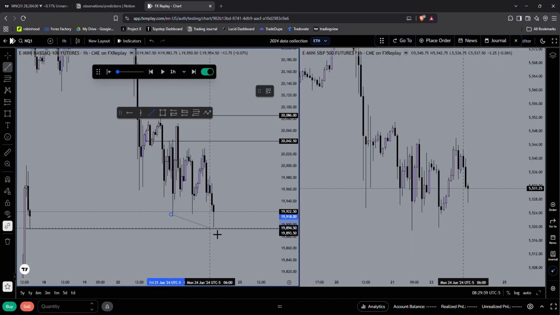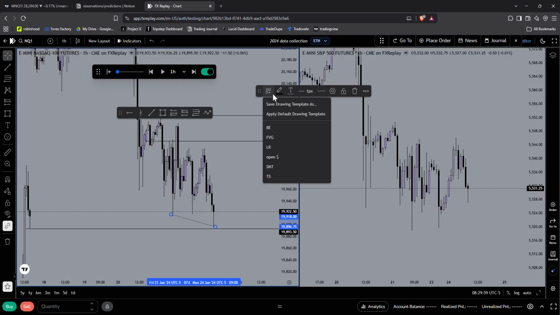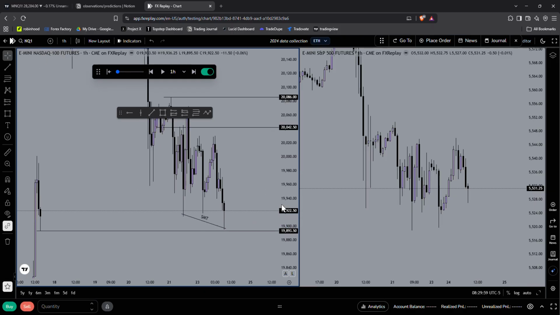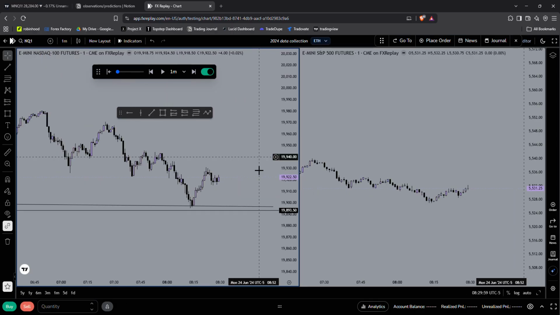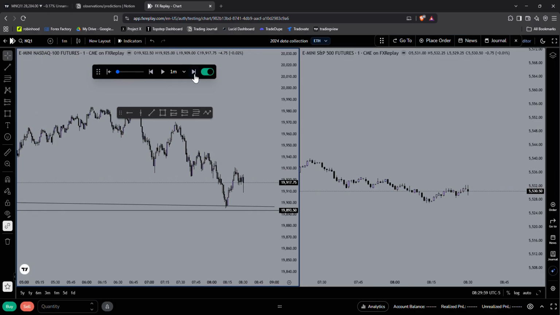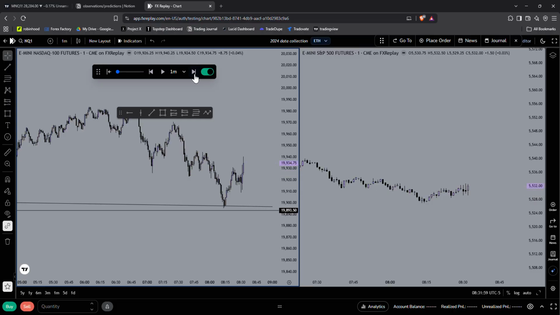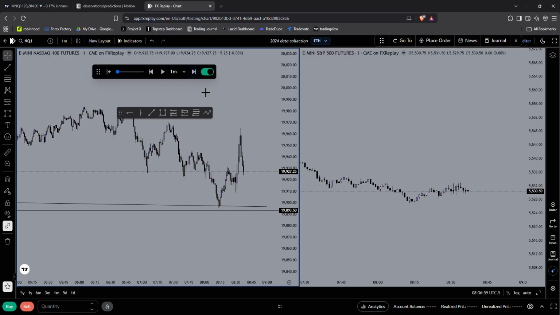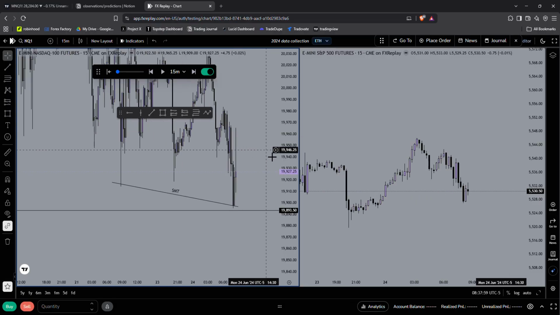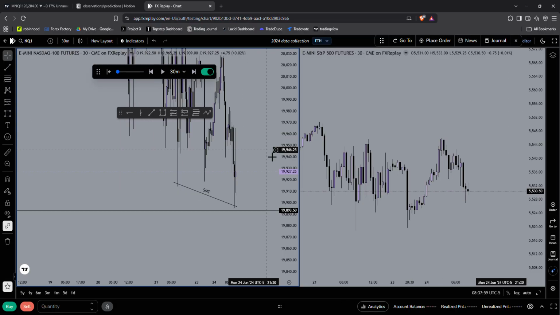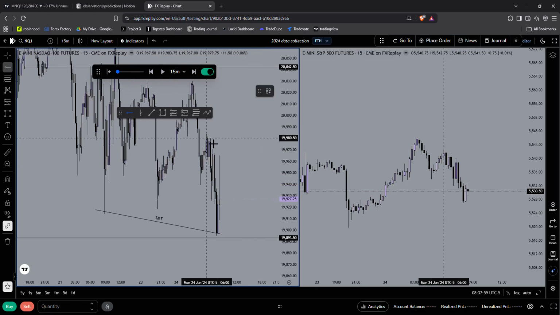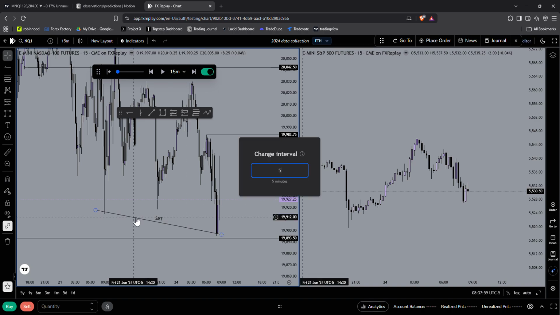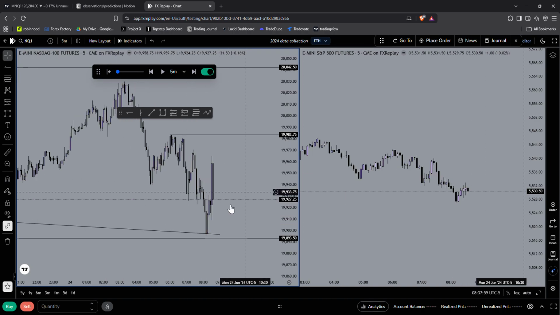We never swept those lows, but we have an SMT. 15-minute, nothing. Let's see. We can target those highs.